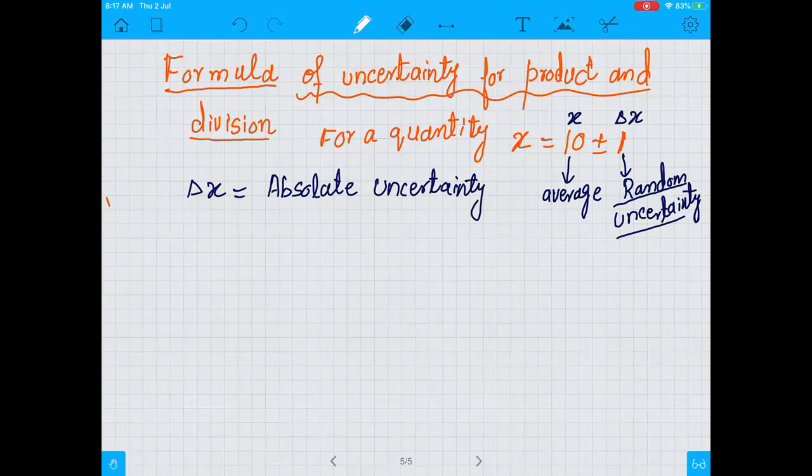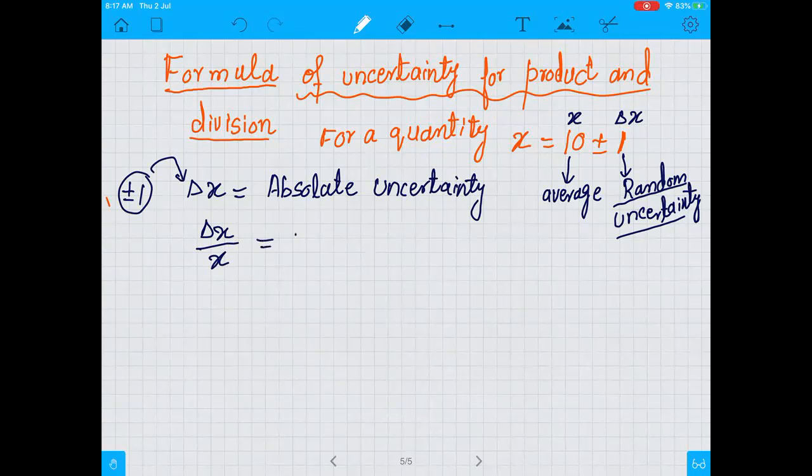That is obviously plus minus 1. So delta x, that is called absolute uncertainty, it is plus minus 1. In the given example, then we have delta x over x, uncertainty out of 1.